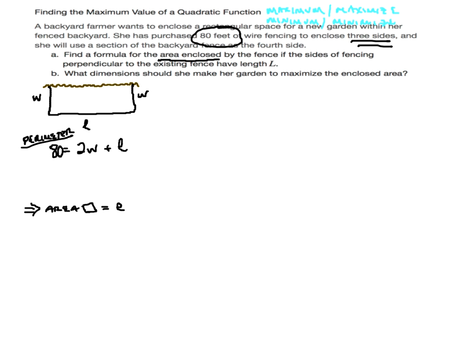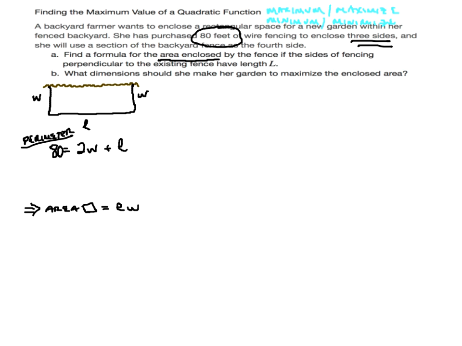You know, area of a rectangle is length times width. So what we need to do is use the perimeter formula to solve for one of the variables so that we don't have 2 variables in our formula.